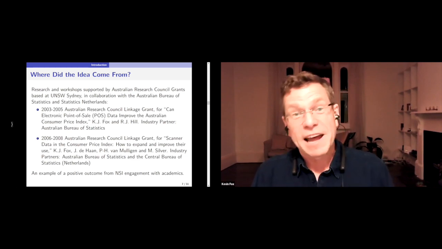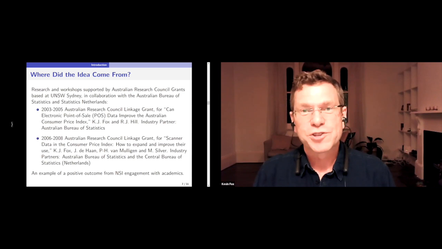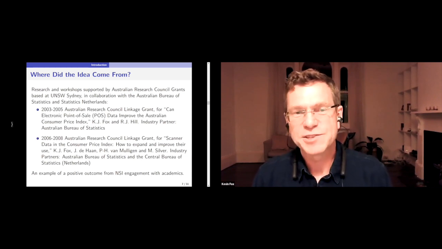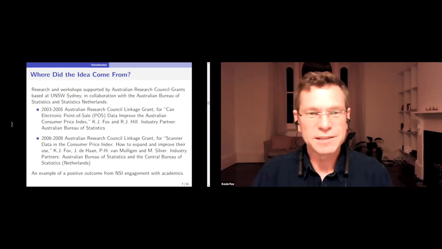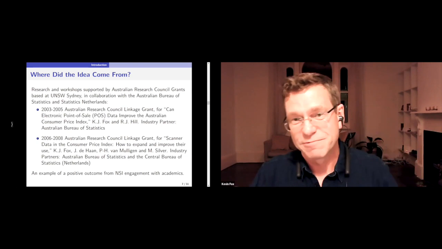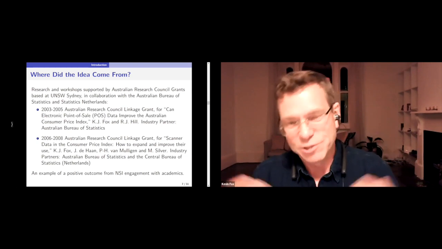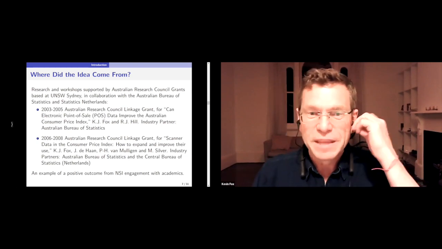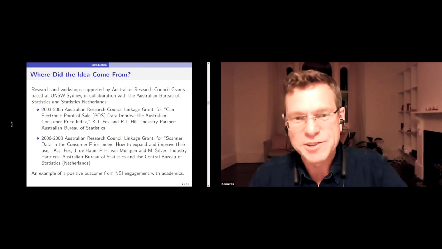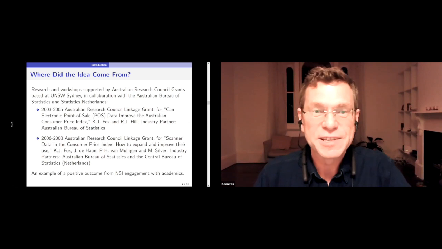And these grants managed to fund a lot of workshops in Sydney and a lot of collaboration with the ABS and Statistics Netherlands, including exchanges. And as a result of this, we produced a lot of research, learned from each other, and that led to this paper, which has created this literature on multilateral indexes.